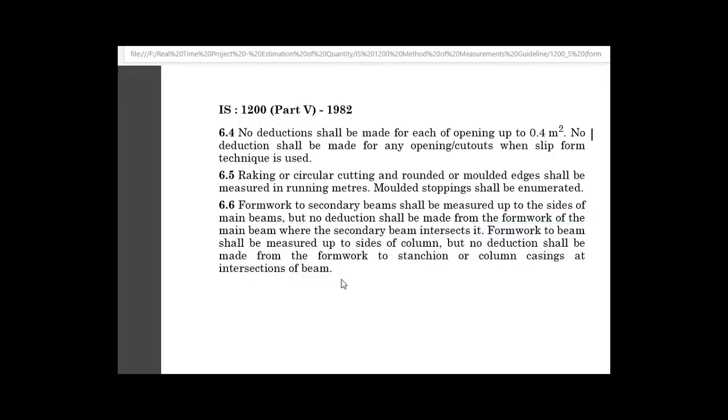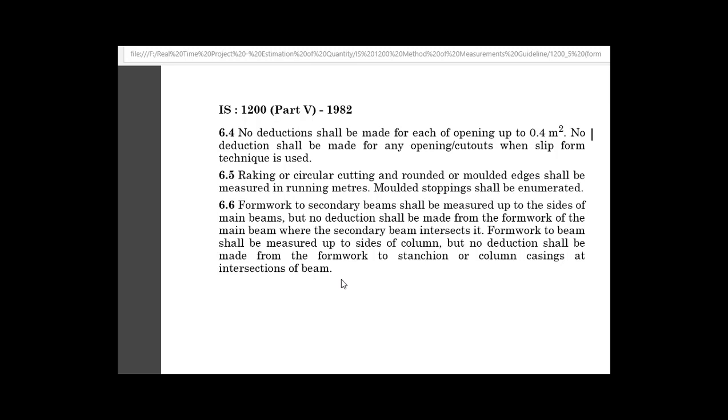So this means even if the beam is intersecting the column, we should not deduct the area of that beam, that is, this much area we should not deduct. Instead, we have to directly measure the height from here to here, that is top to bottom of the column, and multiply that with the sides of the column.